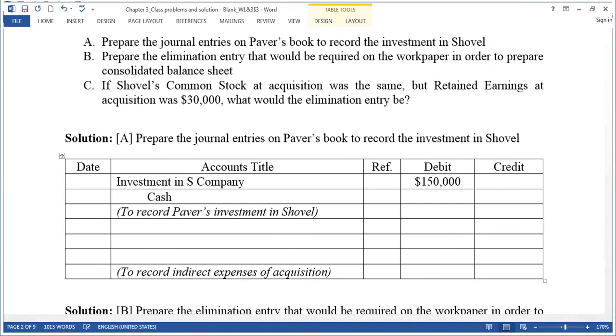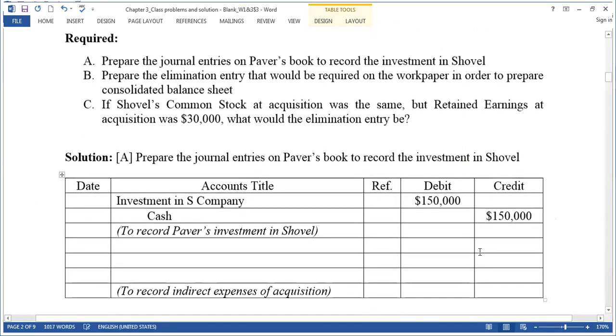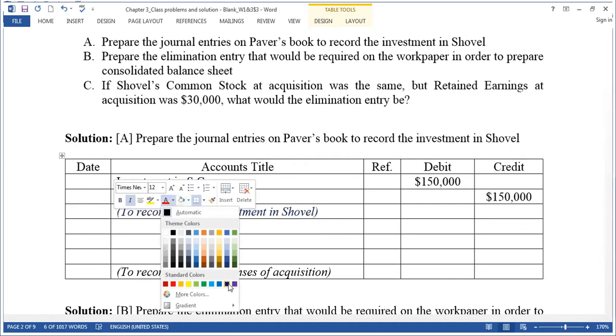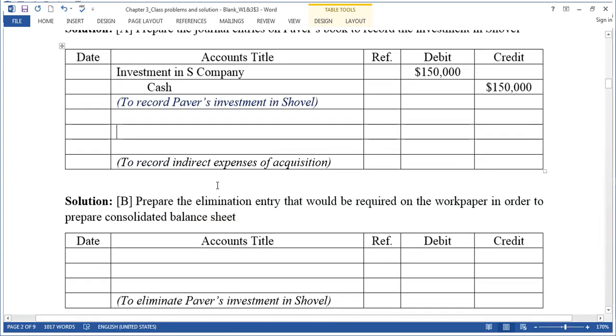We don't have any information about whether we invest our common stock or not. If you invest common stock, you have to credit common stock, as we learned in our previous lessons. So here we don't have any common stock, so we give them cash. So investment in subsidiary company debit and cash or common stock credit. This is our requirement A journal entry.